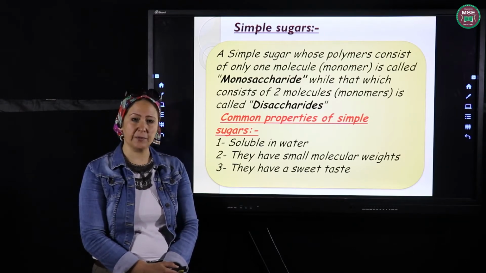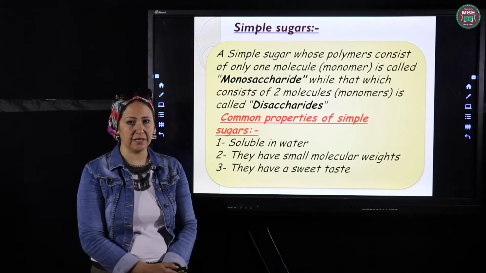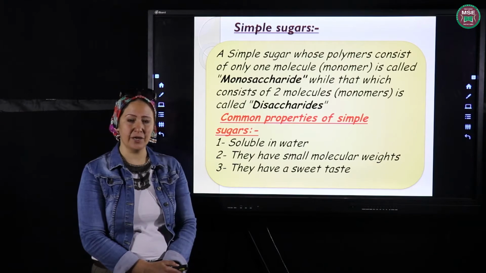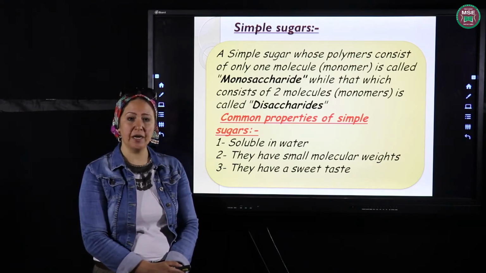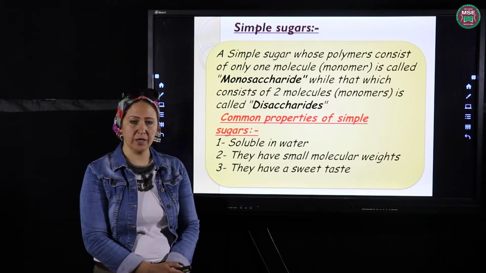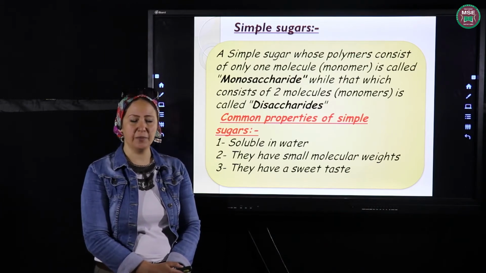If I want to explain the complex sugar in the same way, the complex sugar is a type of carbohydrate where the polymer consists of a group of monomers joined together, meaning more than two monomers joined together. We call this type of carbohydrate complex sugar.